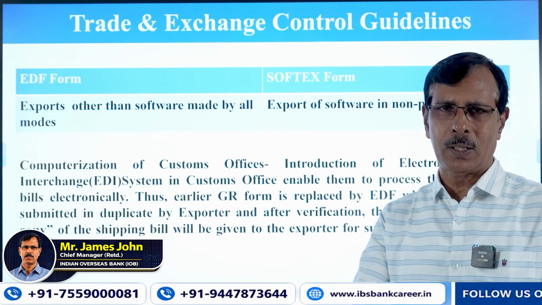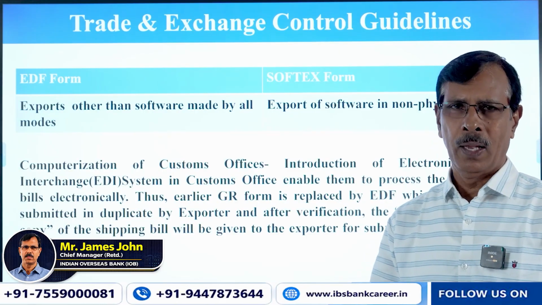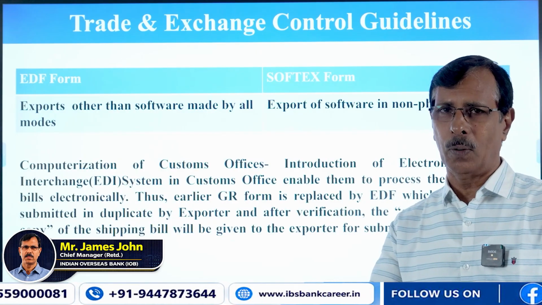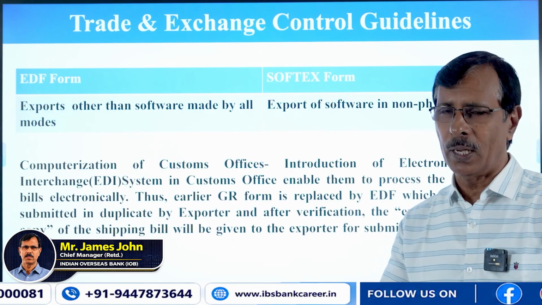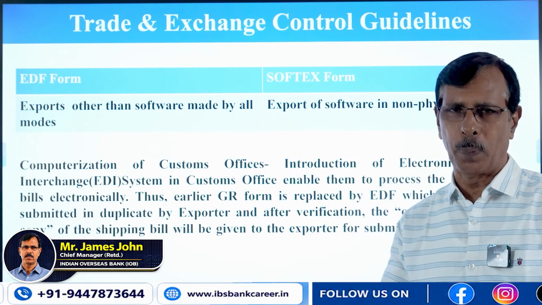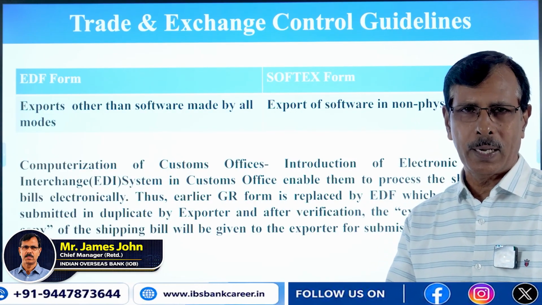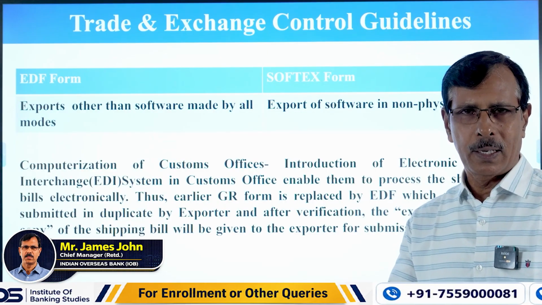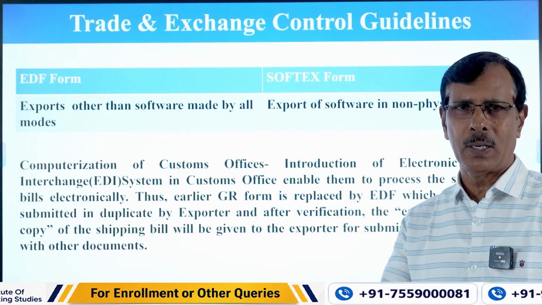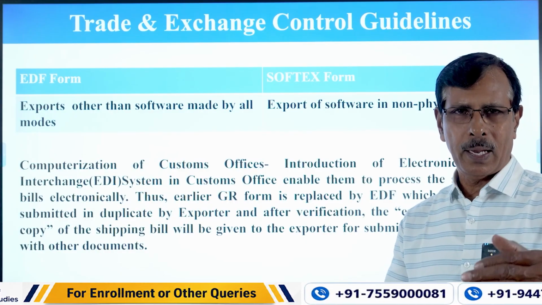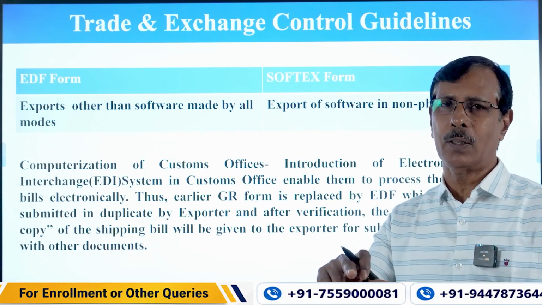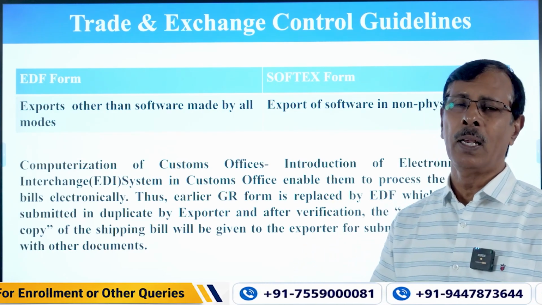When the customs authority approves the shipment, they endorse and sign, and hand over the exchange control copy of the declaration form to the exporter. They keep one copy with them, and the exchange control copy is handed over to the exporter.